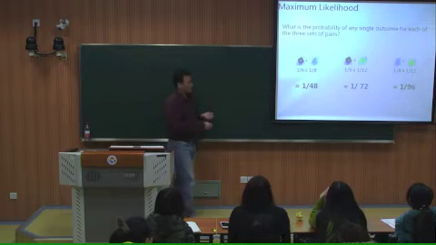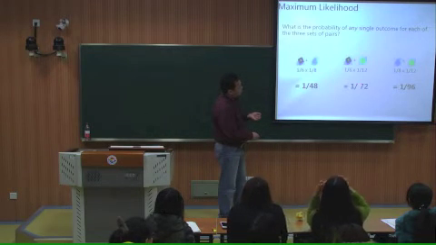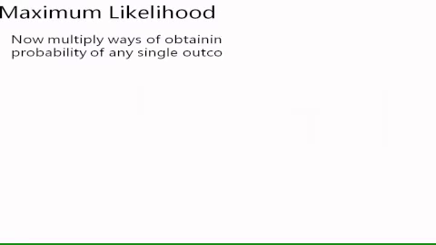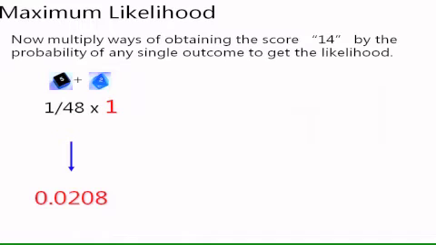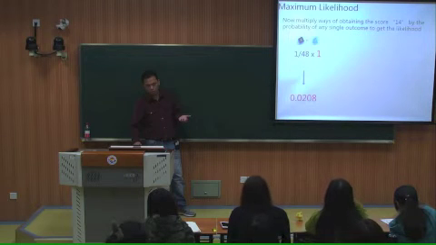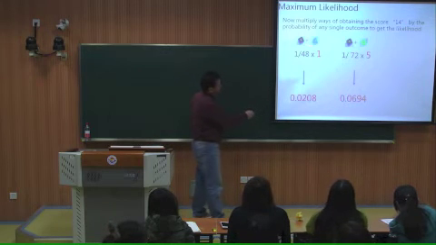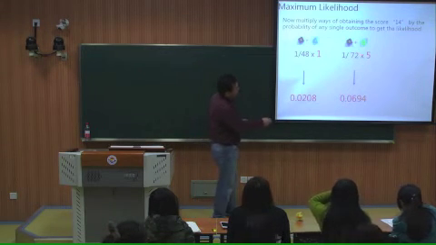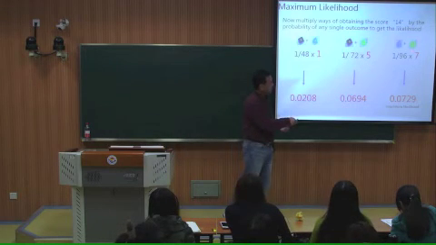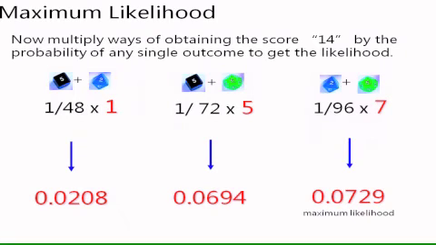It is the same for the other pairs. If we use these two, the probability is 1 in 72. That one is 1 in 96. And then we multiply by how many outcomes give 14. So times 1, because only one outcome could be 14. This one times 5. And for the last one, if we use the 6-face and 8-face dice, because there are 7 combinations, we times by 7.